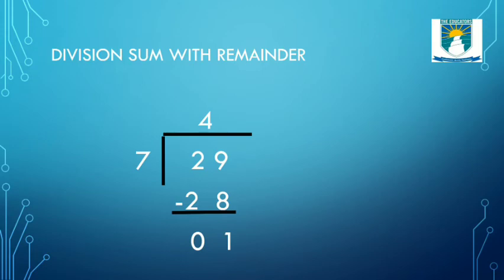I will write 4 up to the bar and the product 28 under the dividend. I subtract 9 minus 8 is equal to 1. 2 minus 2 is equal to 0. So 1 is my remainder.